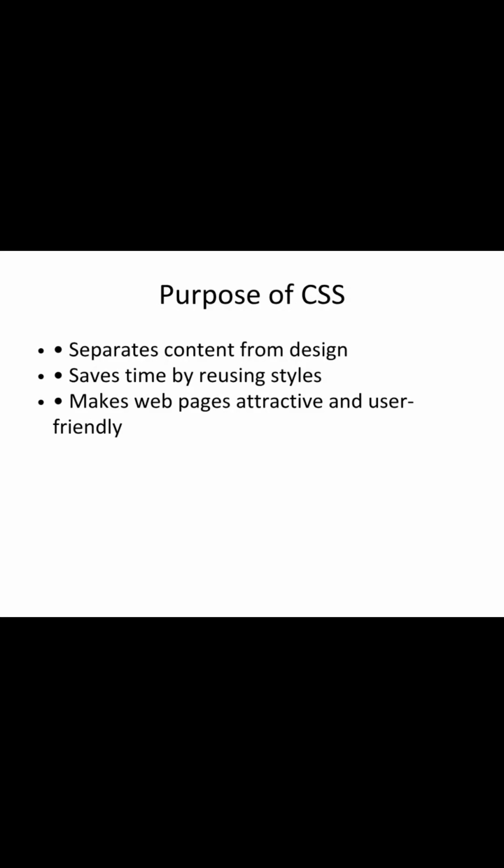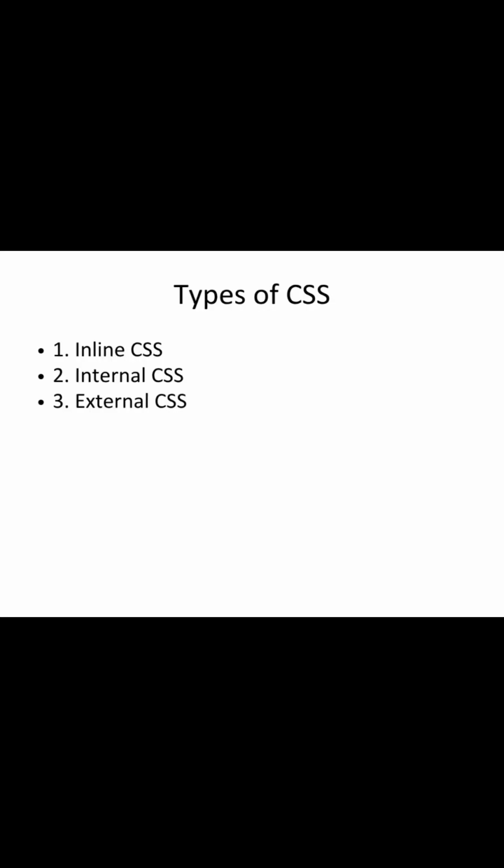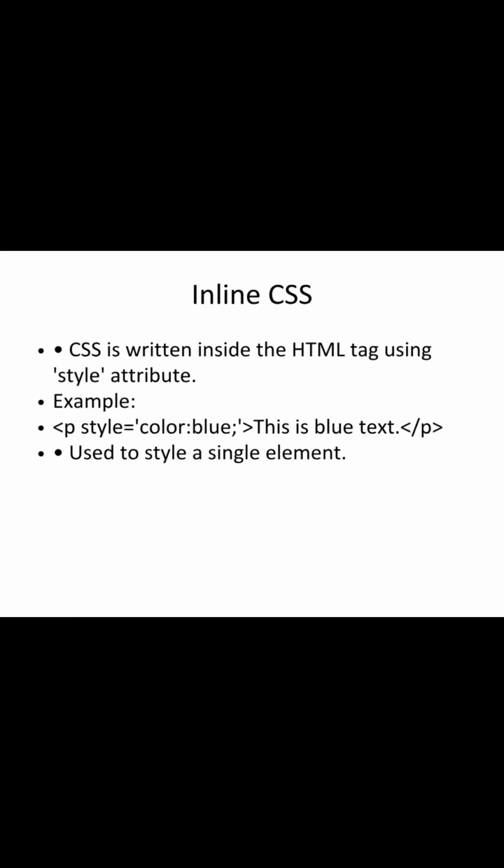There are three types of CSS we use in our web pages. First is inline CSS, second is internal CSS, and third one is external CSS. Inline CSS. CSS is written inside the HTML tag using the style attribute.